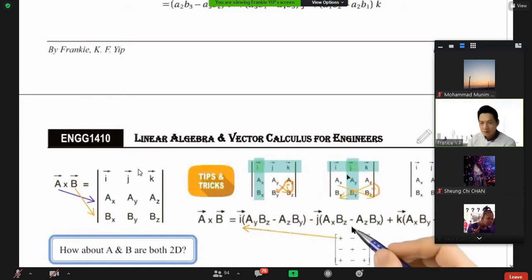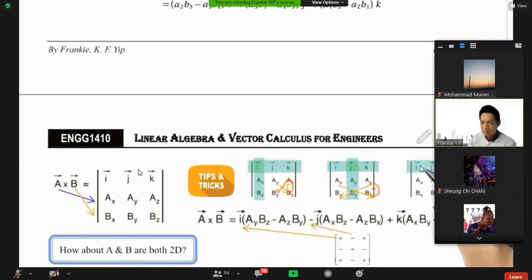Now write it down over here. But remember, because this is in the negative region, I must add the negative sign over here. Got it?